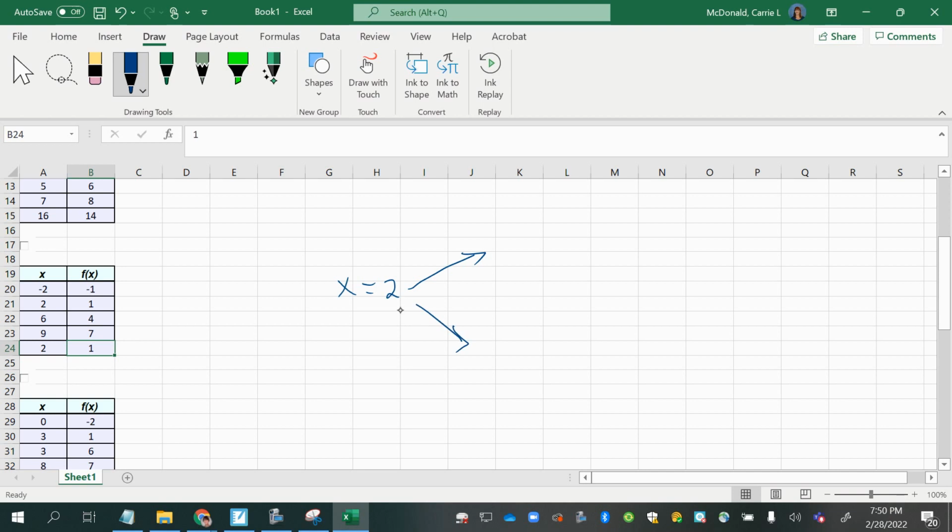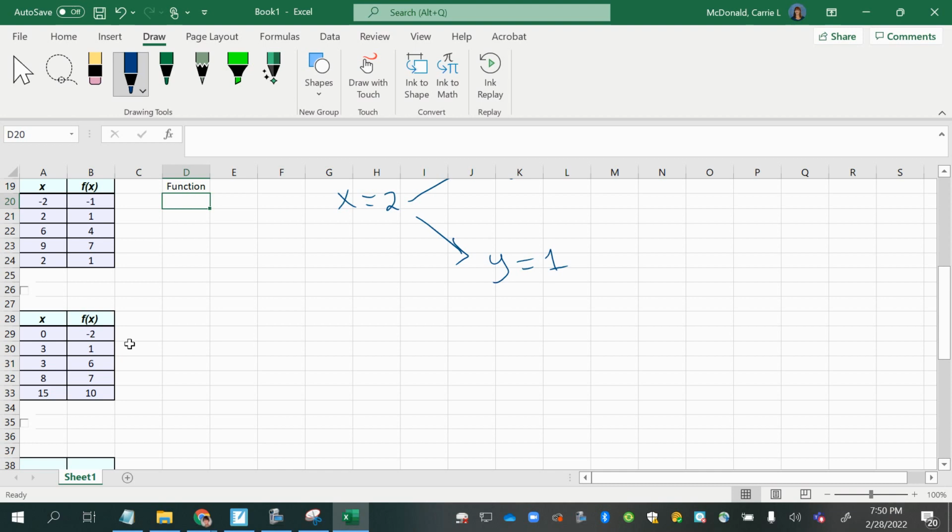So 2 will map to y equals 1, and 2 will map to y equals, oh, it's the same point. Just kidding. So even though it almost looked like there were two separate points that had the same x value, it's actually the same point and there's no problem with that. So this one also is a function.